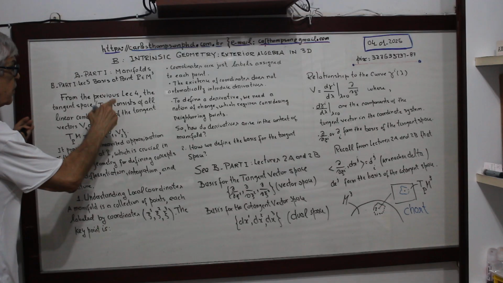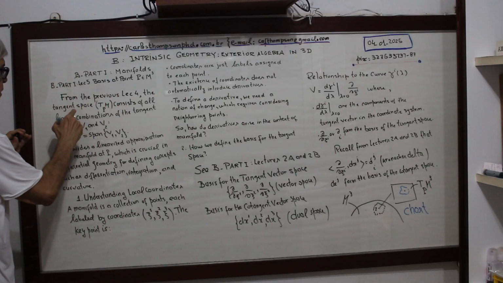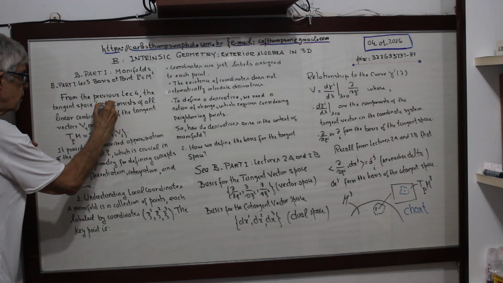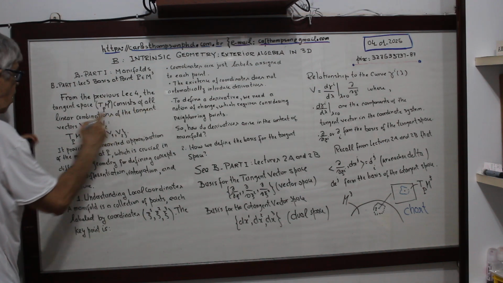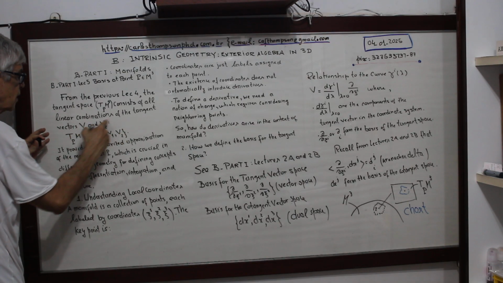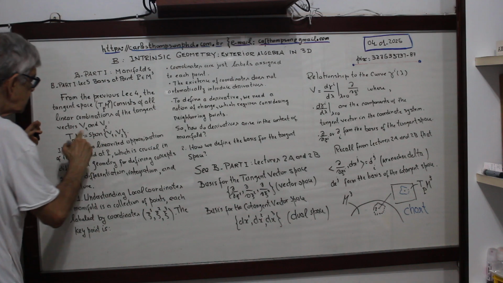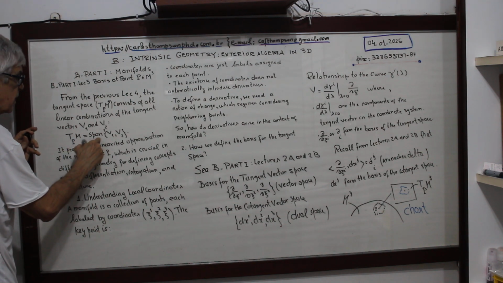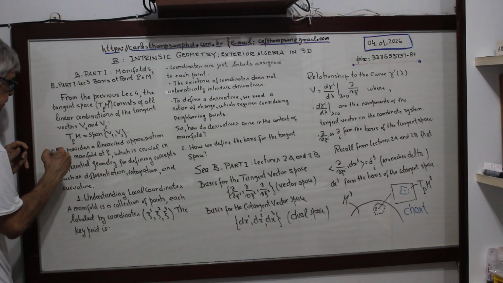Now, from the previous lecture 4, the tangent space, put 3 over here, consists of all linear combinations of the tangent vectors V1 and V2. See, T_P M, they are spanned by these two vectors over here.